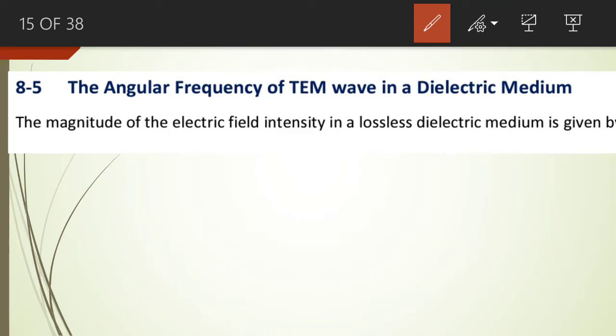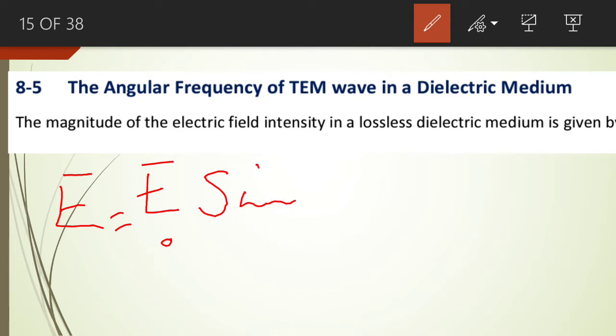We know that the electric field intensity is a vector quantity. This vector quantity has a magnitude as well as a proper direction.